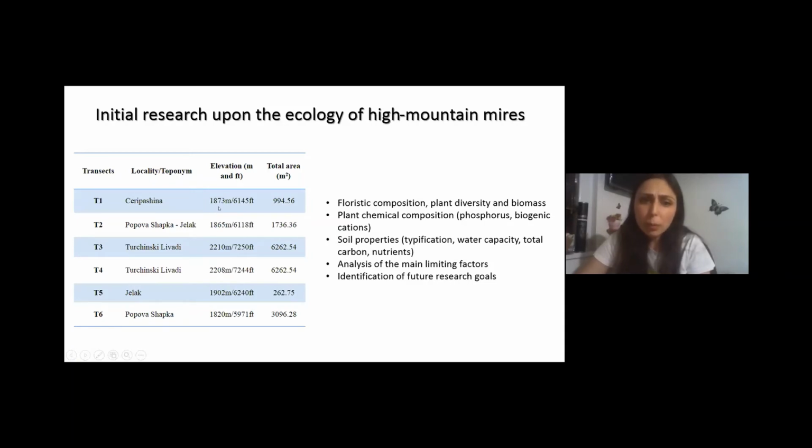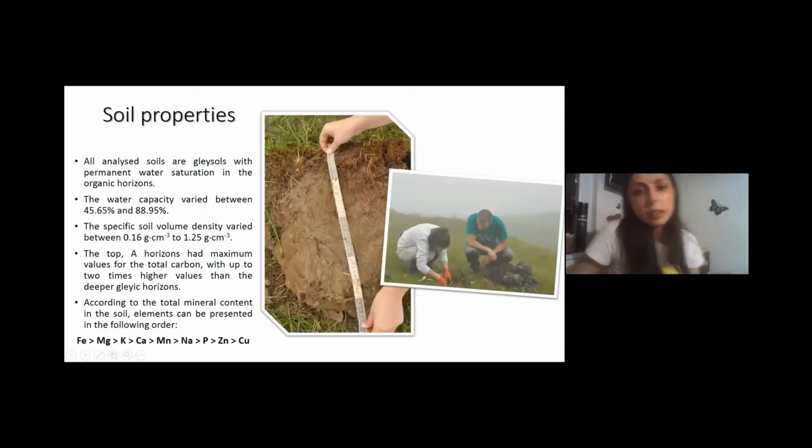So I chose, as I said, 6 transects in the central part of the mountains that were distributed from about 1,800 and up to 2,000 meters above sea level. There are small plots, small ecosystems that are scattered, but represented with a good number of them on this mountain. In all 6 mires, we excavated soil profiles, and we analyzed the basics.